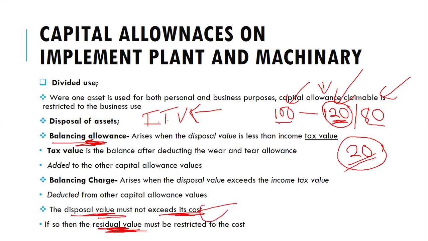So in our situation here, if our income tax value is 100 and the cost of the asset is 150, the disposal proceeds are not supposed to exceed 150. So let's say if they're 170, we need to limit the disposal proceeds to 150. And this 150 is the one we match against the income tax value.